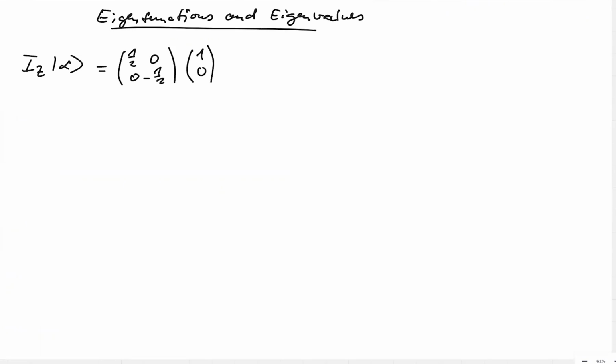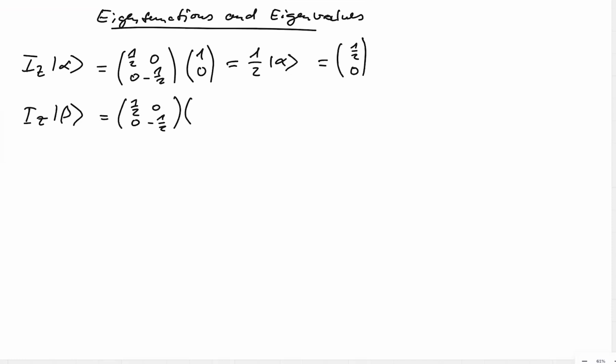If you apply the matrix product, then this can directly be calculated as 1/2 times alpha, or simply as 1/2 times the column vector 1, 0. The same Iz applied to the beta state, as the matrix 1/2, 0, 0, minus 1/2 applied to 0, 1, gives minus 1/2 times the beta state, or simply minus 1/2 times the column vector 0, 1.